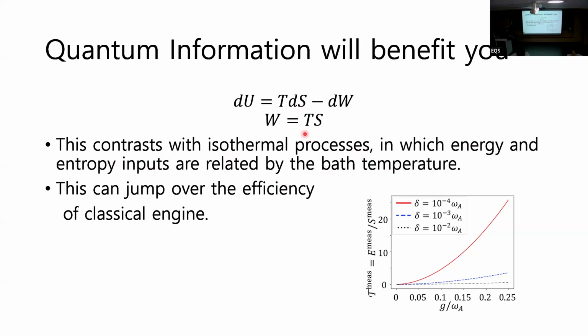In this engine, no. So it can jump over the efficiency of a classical engine. We can gain more efficiency than a Carnot engine. And wow, look at this, it is diverging.